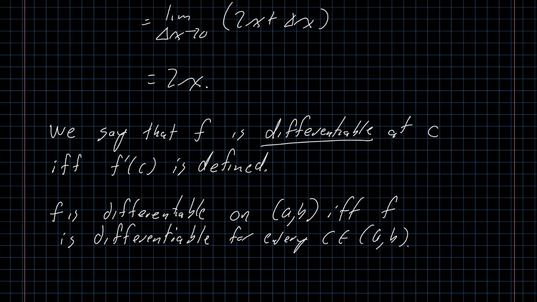We don't have a way of defining differentiable on a closed interval. I guess I should say we technically do, but it is really messy, not useful, and will be out of the scope of this course.